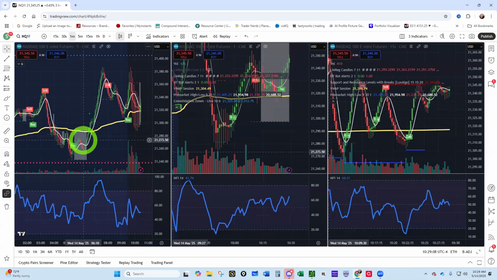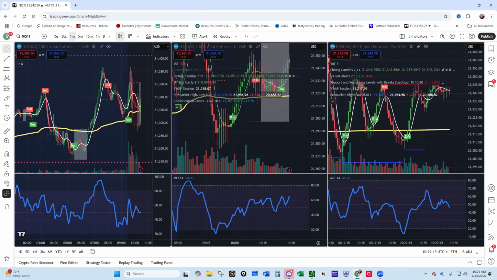Really, it's hard to tell if there's any trend at all. Look at this. Up, down. I just show it's on mine, it's just consolidation zone. Yeah.